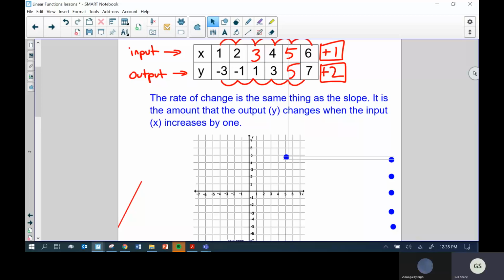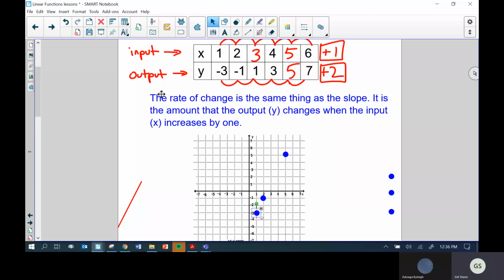It doesn't want to put them where I want to put them. That's fine. We're going to just do a few of them. There we go, perfect.